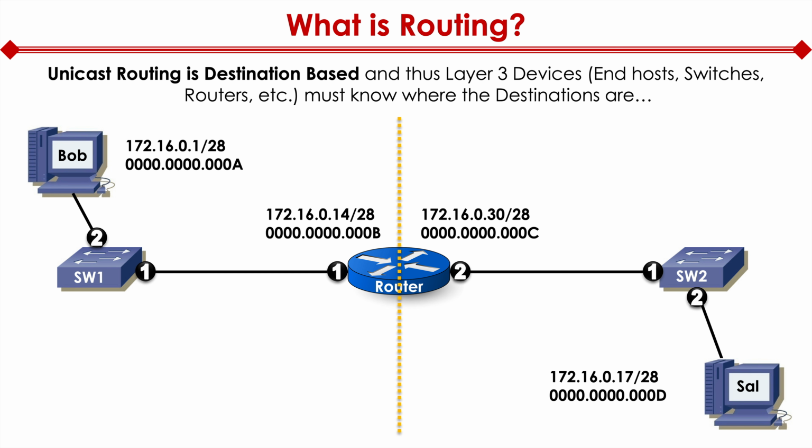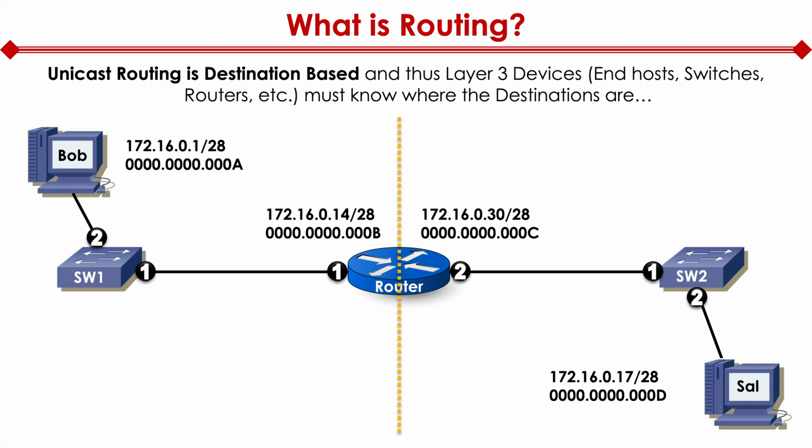Now, layer 3 devices include end hosts. So that's your PCs, IP phones, printers, IP cameras, any type of device that is able to communicate IP. That also includes switches and routers and firewalls, etc. They must know where the destinations are.